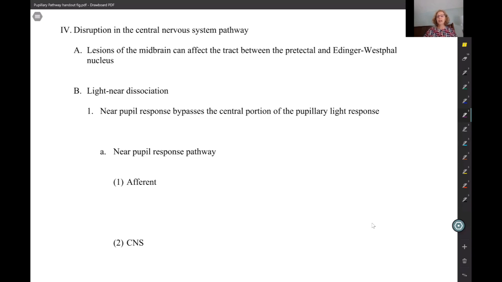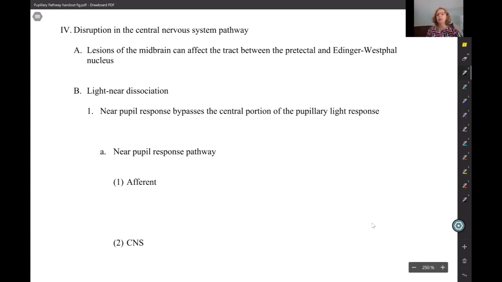A lesion in this tract results in a pupil that shows poor direct and consensual responses to light, but it responds normally to a near target. And this is called light near dissociation. The near pupillary response bypasses the central portion of the pupillary light response.